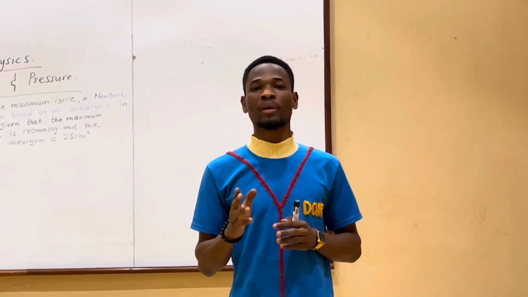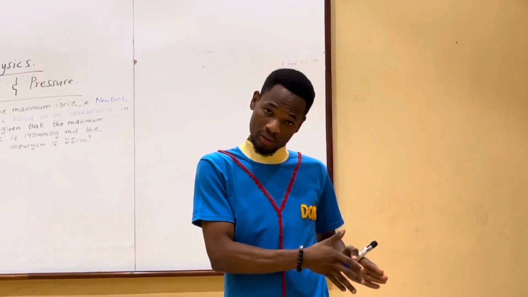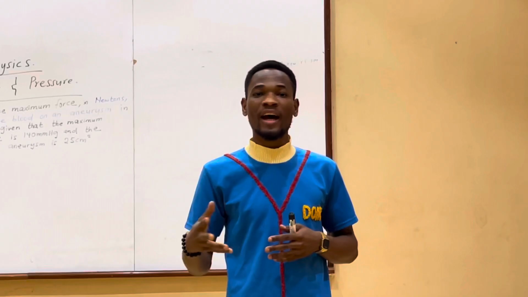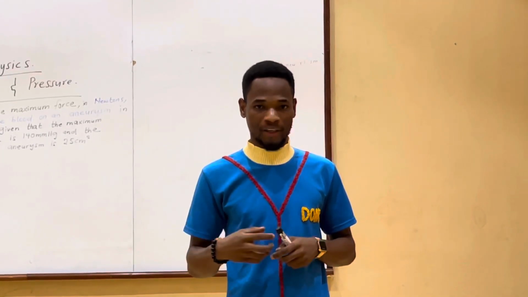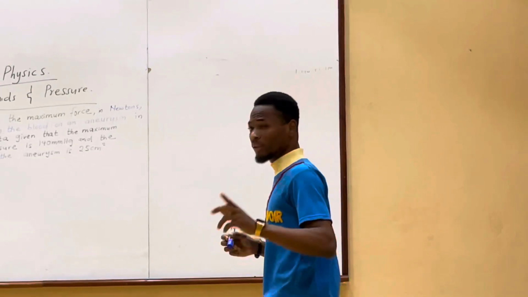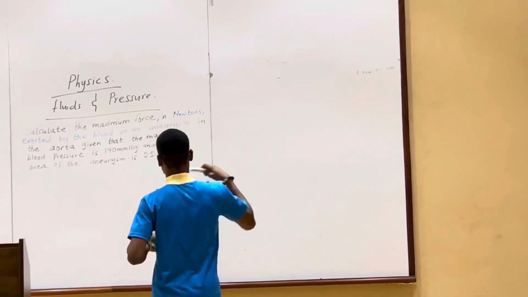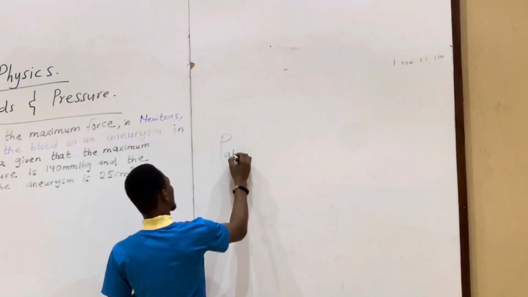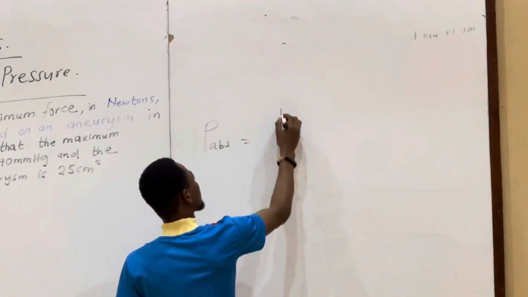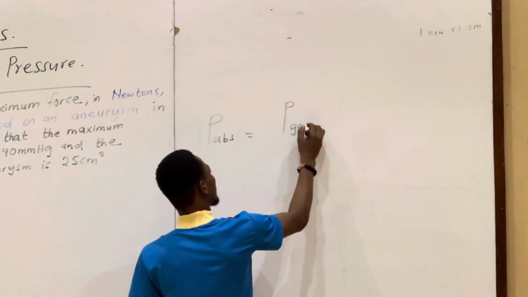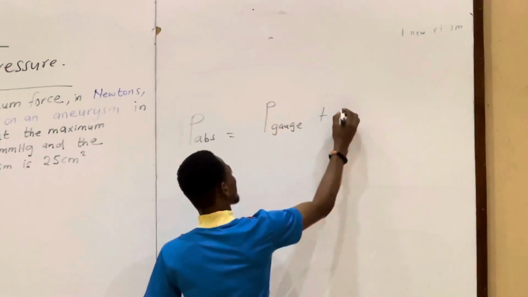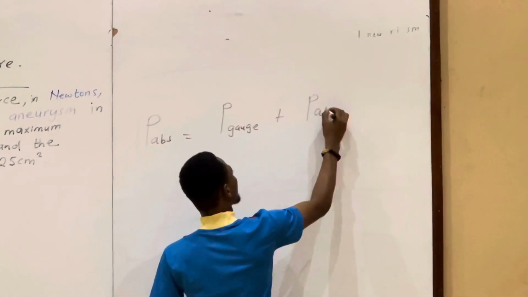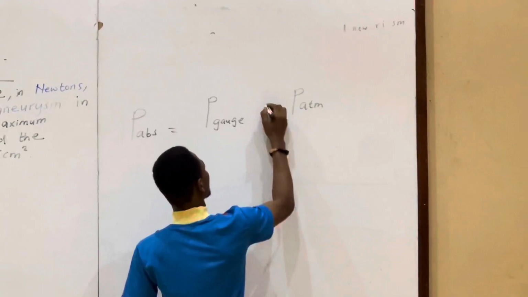And now let's look at the relationship that exists between the gauge pressure and the absolute or the total pressure. So this is the relationship. The absolute pressure is equal to the gauge pressure plus the atmospheric pressure.